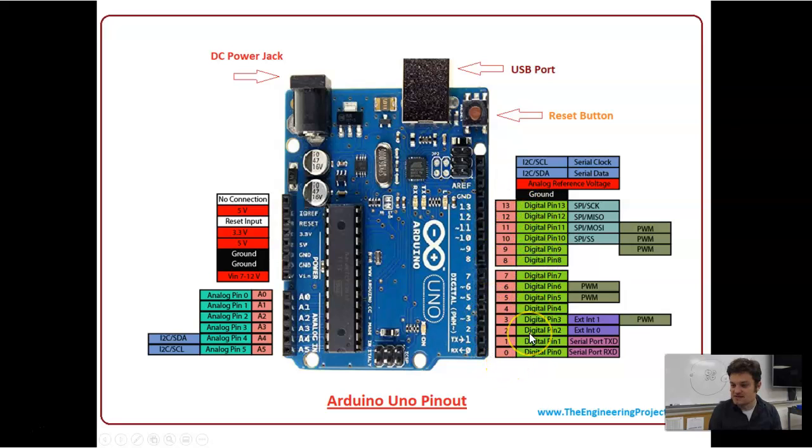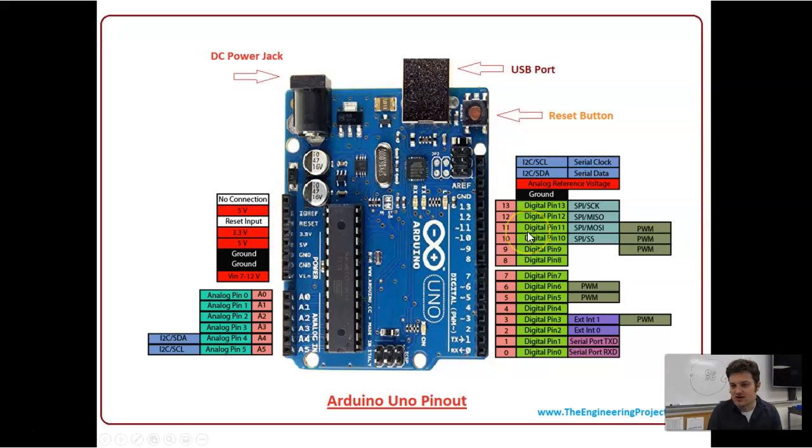These are digital pins. And over here we have A0 through A5. These are analog pins, which we're going to talk about a little later on. So when you're calling out, say, IN1 is pin 7, this is what you mean. You mean that pin 7 is connected to IN1 on the motor control board.